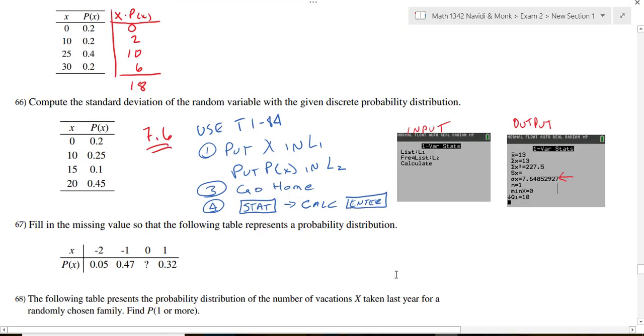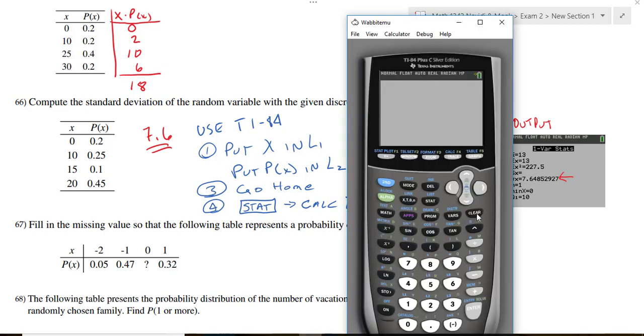Alright, number 67 says fill in the missing value so that the following table represents a probability distribution. These are the probabilities right here. In order for it to be a valid probability distribution, all of these numbers have to add up to what? 1. They don't currently add up to 1, so if we go to our calculator and we type in the numbers that we have, 0.05 plus 0.47 plus 0.32, that gives us 0.84.